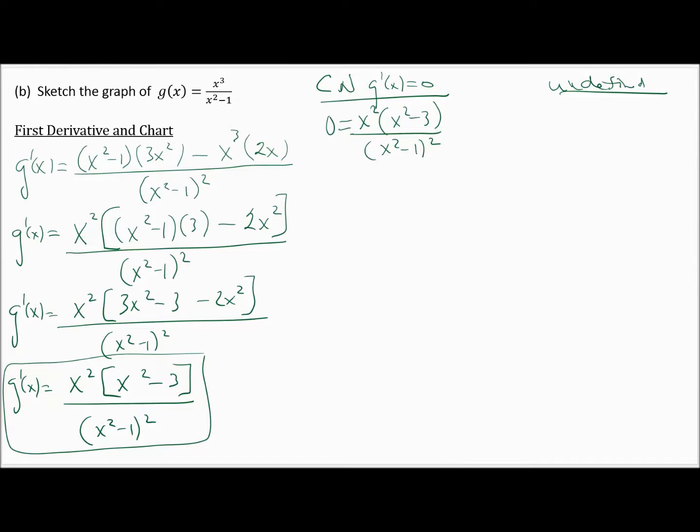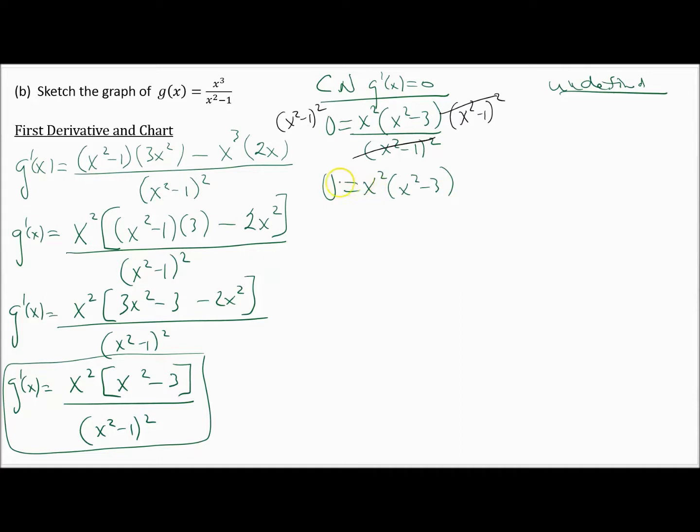Now, you've seen this so many times you're tired of watching it, but to solve this, I need to get rid of my denominator because I can't solve an equation with a variable in the denominator. So those cancel out and I still have 0 on the left. Essentially a fraction is equal to 0 when its numerator is equal to 0, and that's what we're saying in that statement right there.